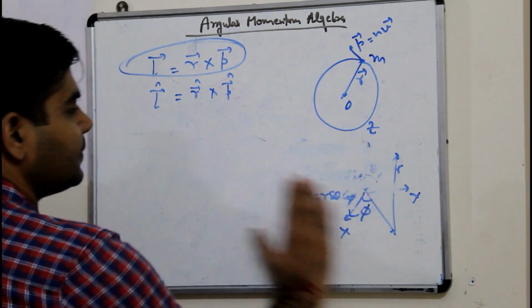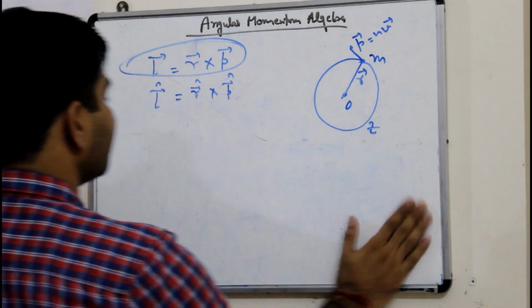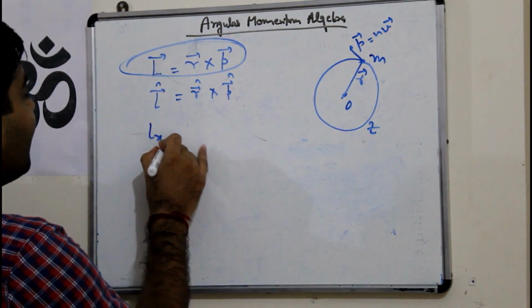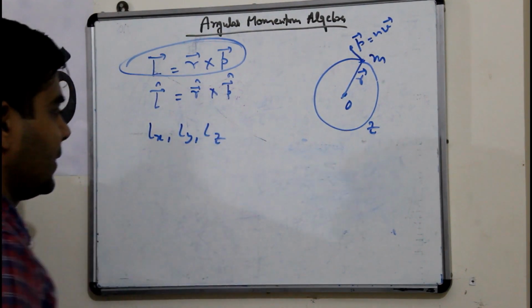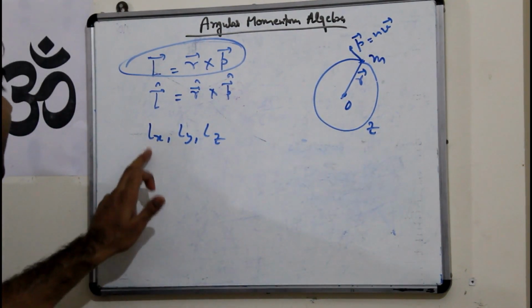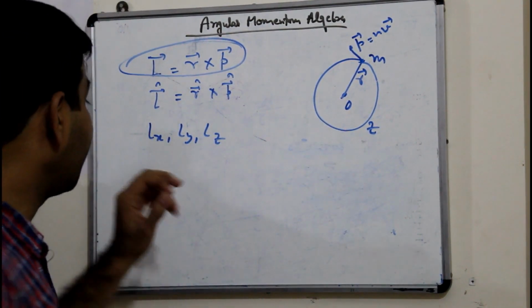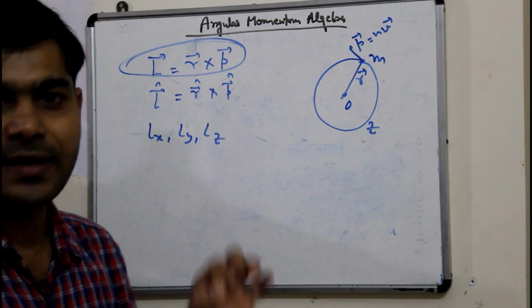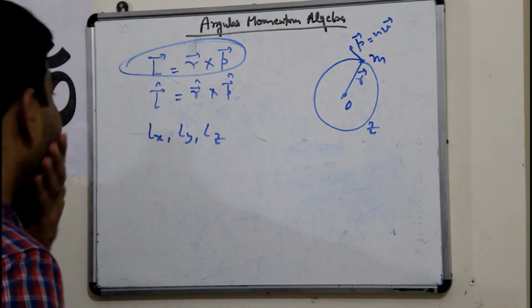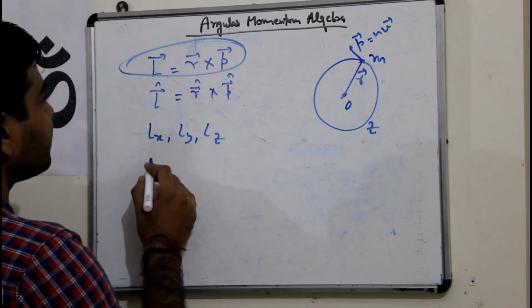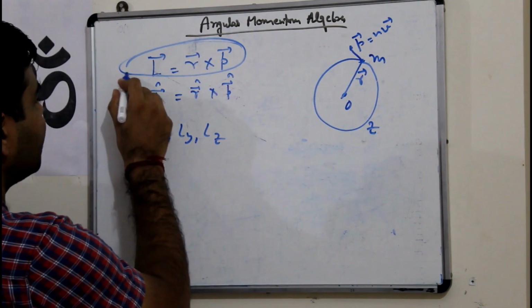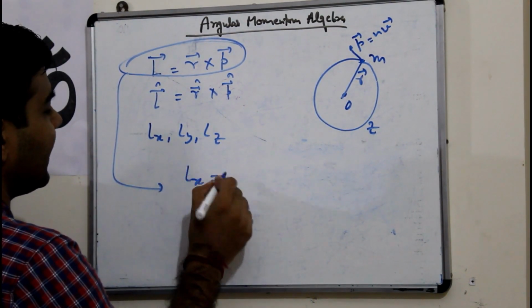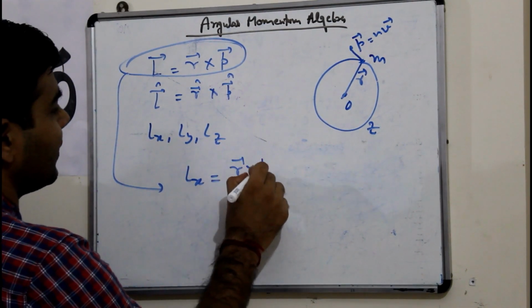Now let's try to see the relations among Lx, Ly and Lz. These are the 3 different components of this angular momentum vector along the x-axis, y-axis and z-axis. Now if I take the x component of this relation, that will read as Lx equals the x component of r cross p.